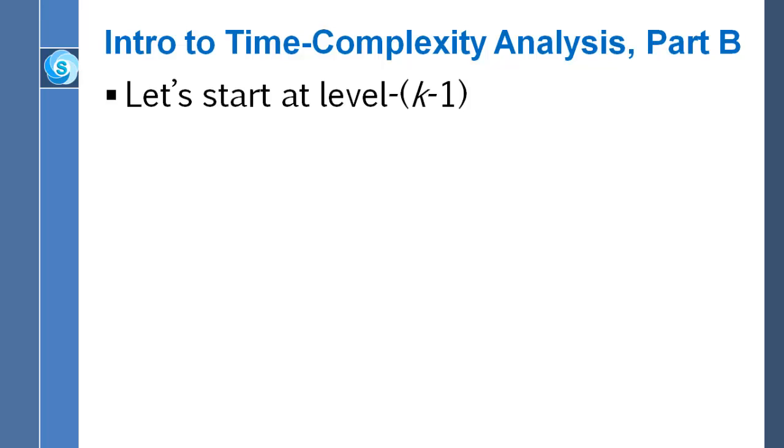Let me remind you that level K calls are asked to sort subarrays of size 1. And so that's a trivial problem. They don't do anything. They just return immediately. They return back up to level K minus 1. Okay? Now each of these calls at level K minus 1 is responsible for sorting 2 numbers, right?